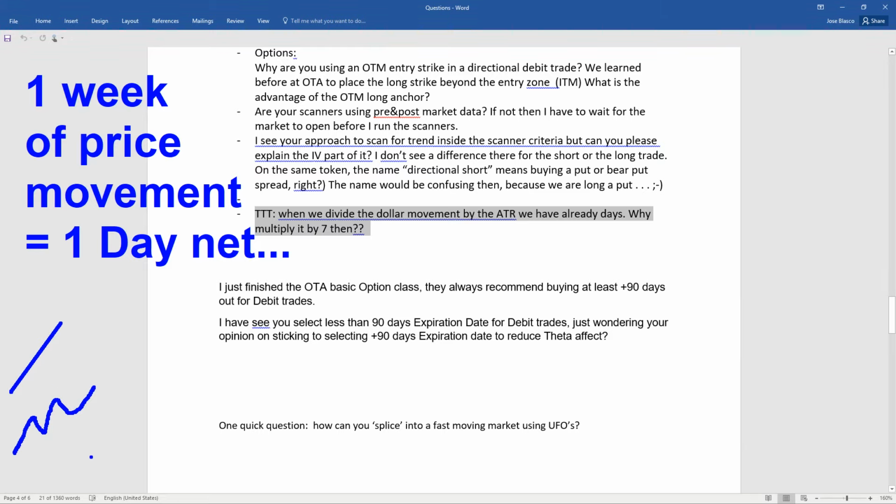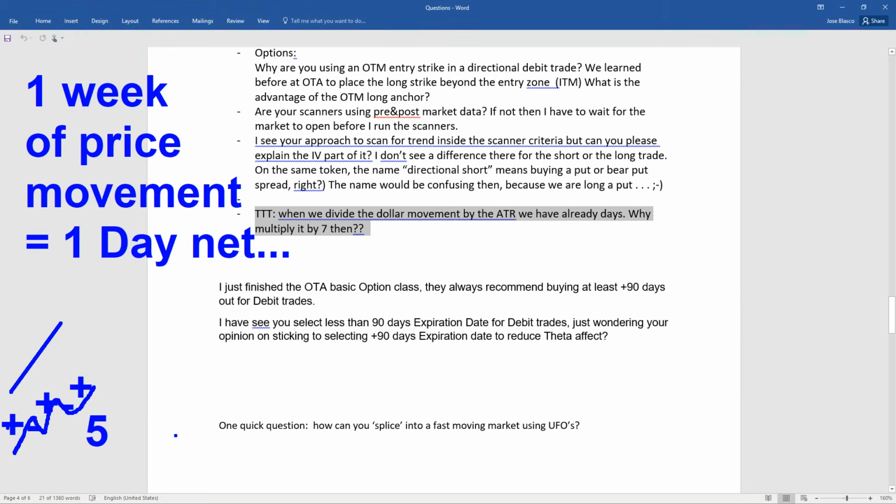In other words, 5 days, which every one of the days may move at a rate of the ATR, but this would be a plus ATR, and this would be a minus ATR, and this would be a plus ATR, and this would be a minus ATR, and this would be a plus ATR. When you added it together, what did you end up with?